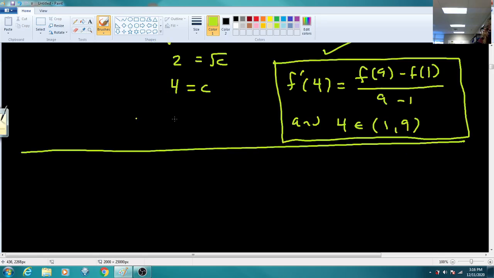Okay, there's a similar statement that we can get, a corollary to that mean value theorem, so we're going to write it out.